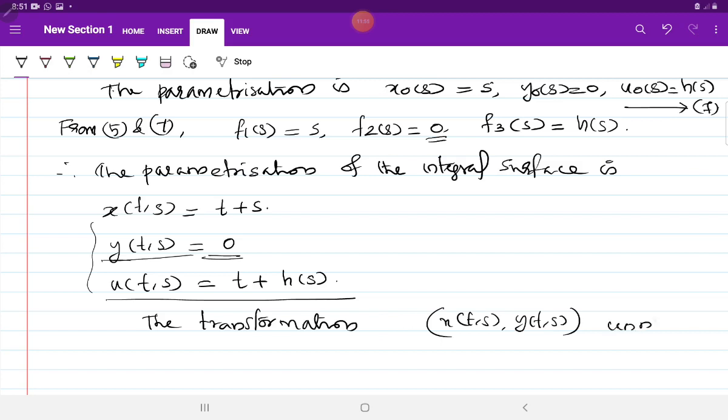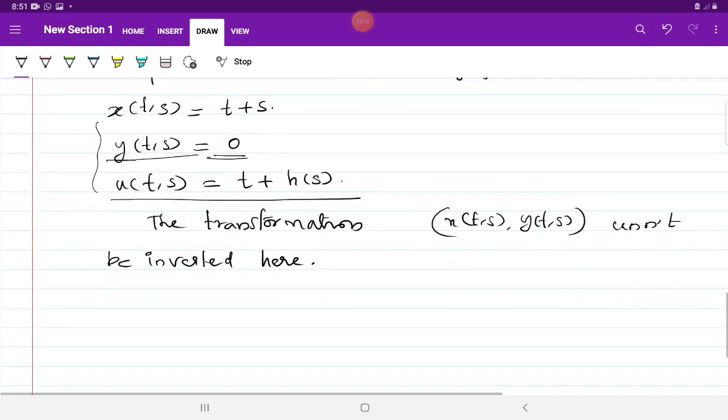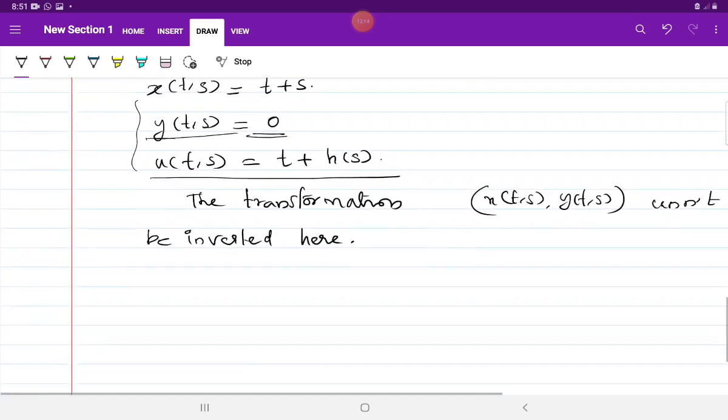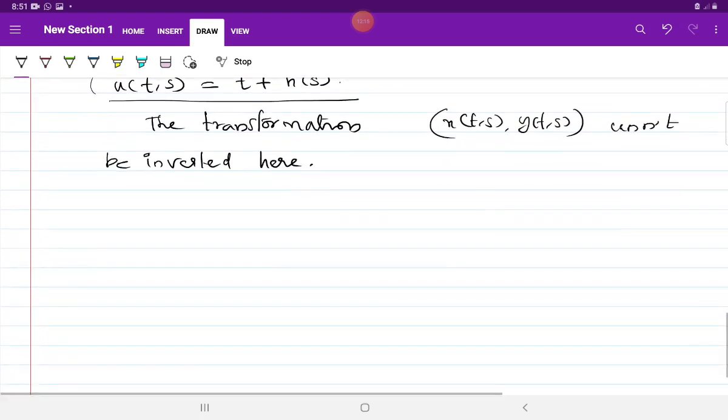The transformation cannot be inverted here. So there is no solution at all. The possibility is there will be no solution. What will be the reason for this?